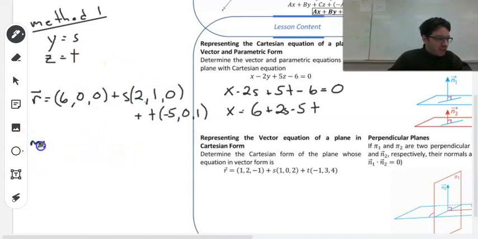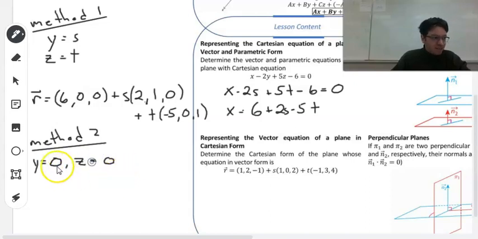Let me show you method 2. Method 2 is all about choosing 3 points on the plane. So for example, our first point, we just need to choose something for y, choose something for z. Let's choose easy points, so 0 and 0, and then, okay, what would be the corresponding value for x on the plane?